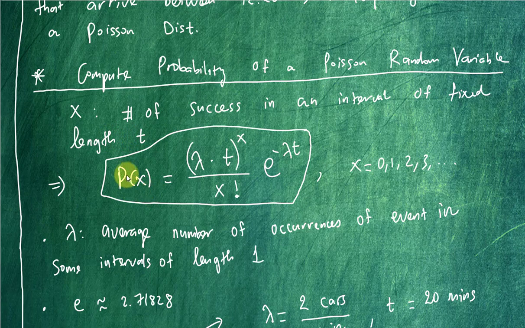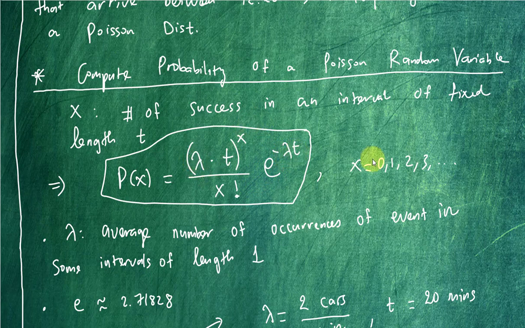We have the formula to compute the probability using this model. P of x equals lambda multiplied by t, all to the power of x, over x factorial, multiplied by e to the power of minus lambda t.